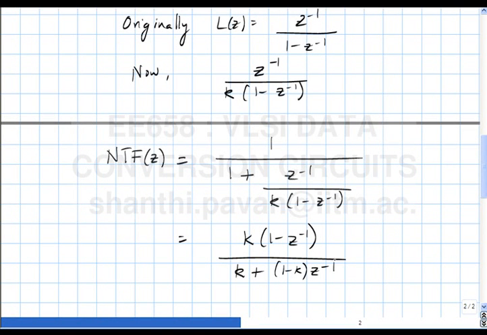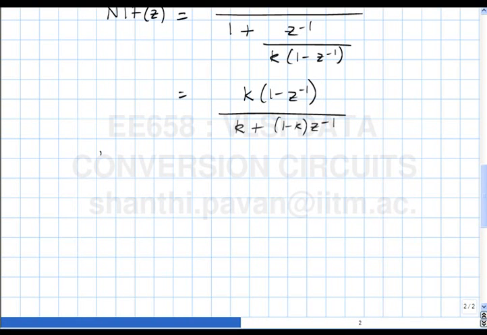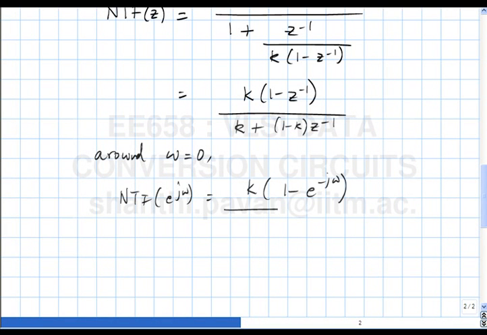Let me see. Alright, so around omega equal to 0, NTF of e to the j omega is basically K times 1 minus e to the minus j omega divided by K plus 1 minus K times e to the minus j omega, which is approximately K times omega. So the modulus of this is what I am interested in.